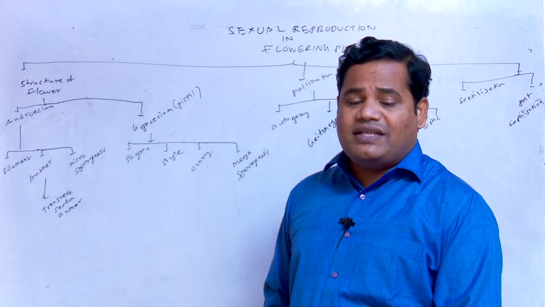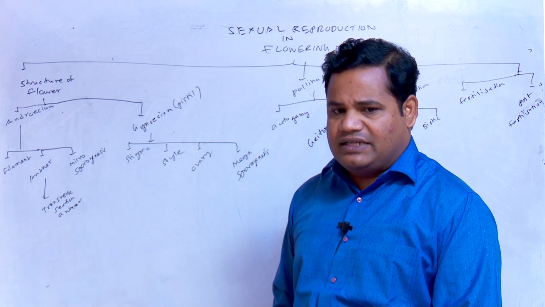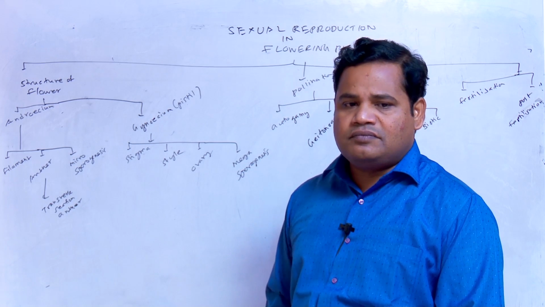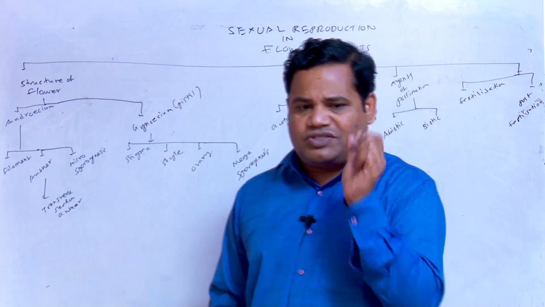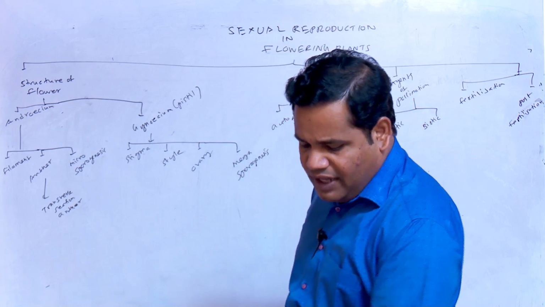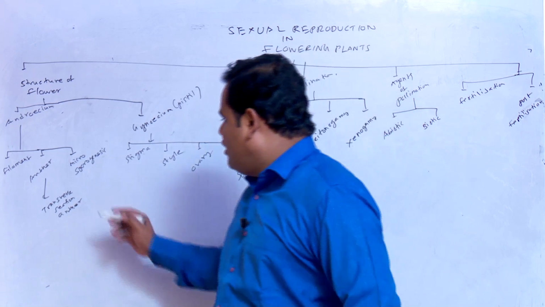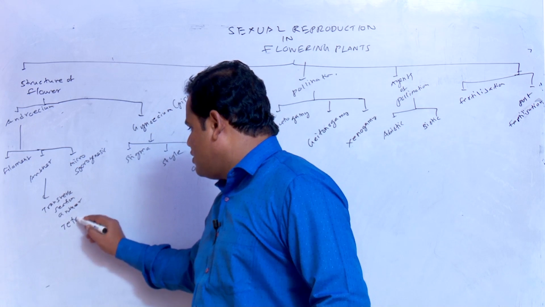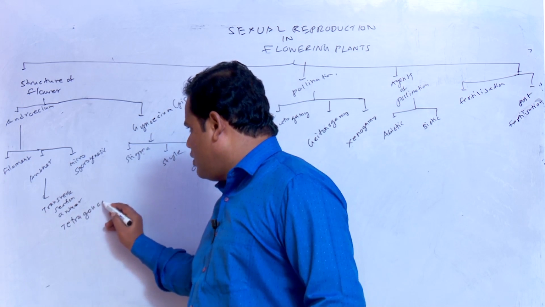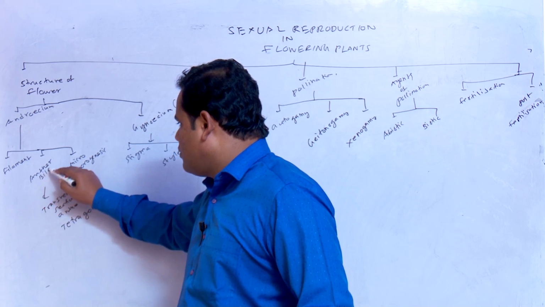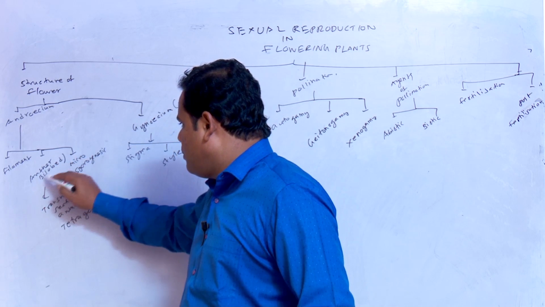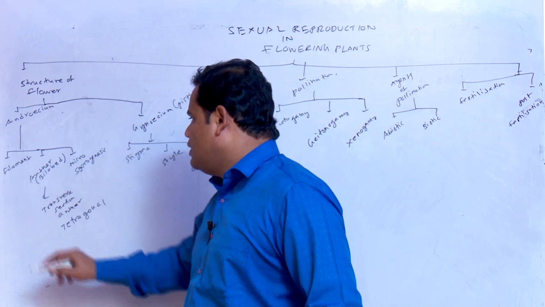If you study the transverse section of the anther, the anther is a tetragonal structure. Anther is a bilobed structure.